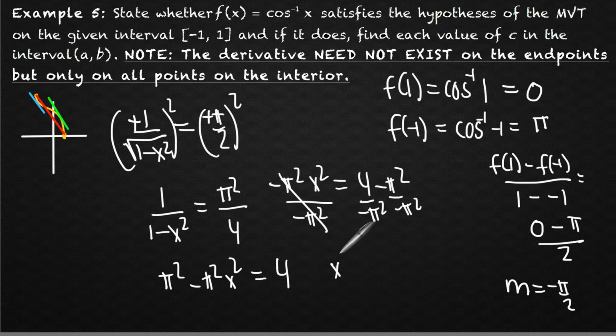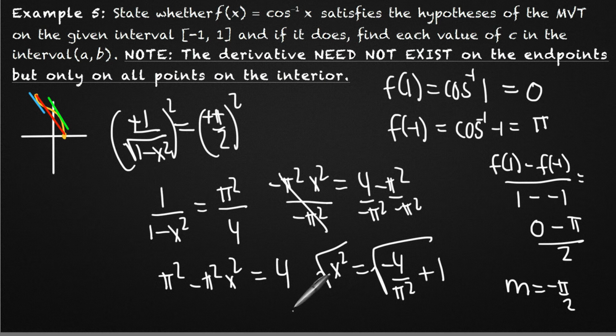So I'm going to get x squared is equal to negative 4 over pi squared, because the negative doesn't matter, and a negative over negative is a positive 1. And then I'm going to take the square root, and my final answer is going to be x is equal to plus or minus, don't forget, the square root of negative 4 over pi squared plus 1. And those are the 2 points on the curve where the slope of the tangent line equals the slope between the points.